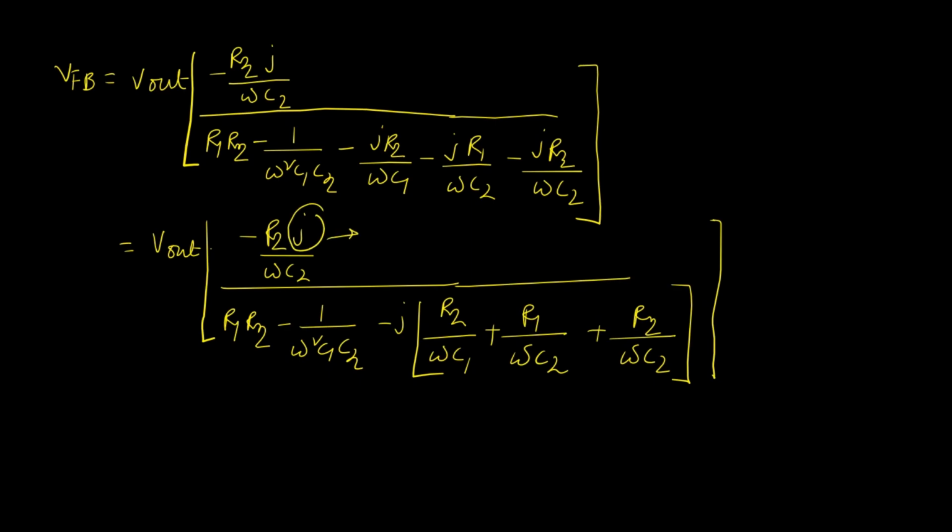So the numerator has the minus j term, that is minus 90-degree phase shift. So the denominator also should have the minus 90-degree phase shift in all terms. So the real part should be equal to 0 to get the minus 90 degrees in the denominator. So the real component is equal to 0, that is R1 R2 is equal to 1 by omega square C1 C2.